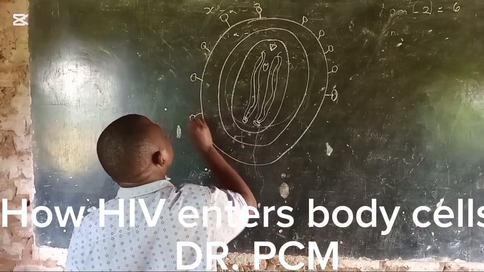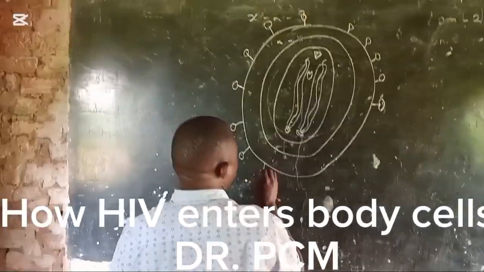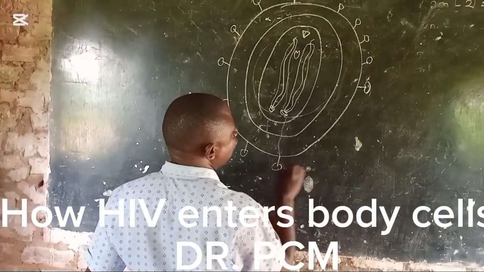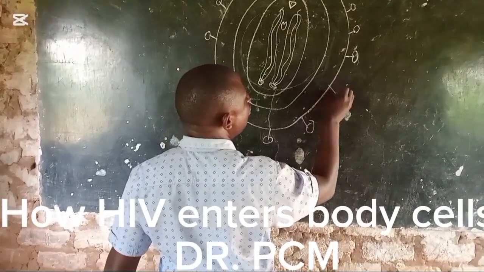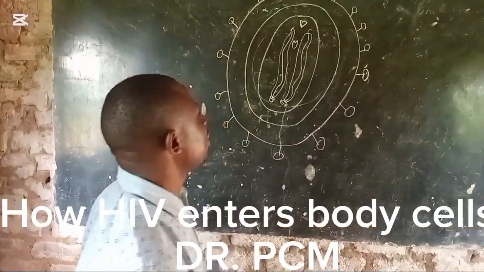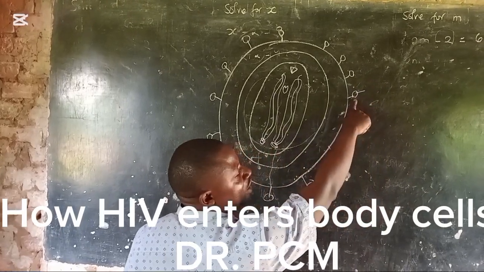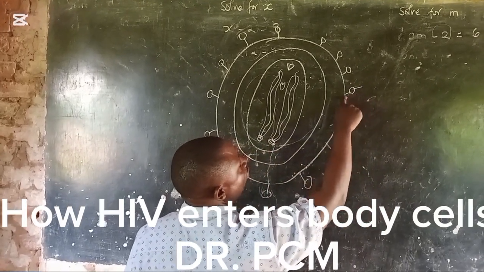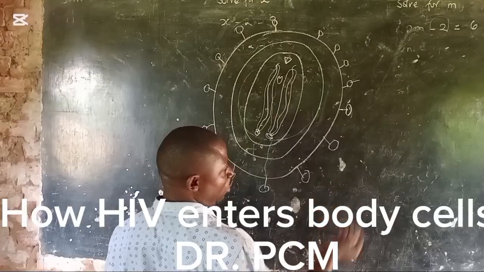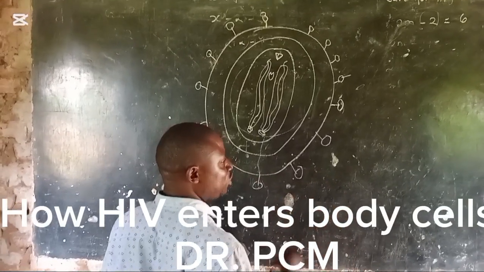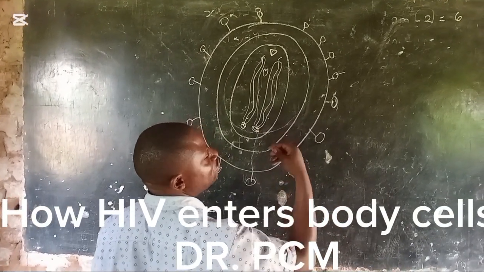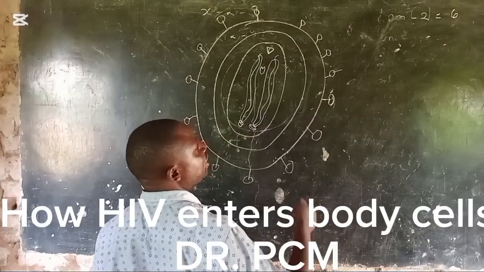So this cell all over it has proteins P120 and P41. So that is P120. It is all over it, surrounding the HIV virus.